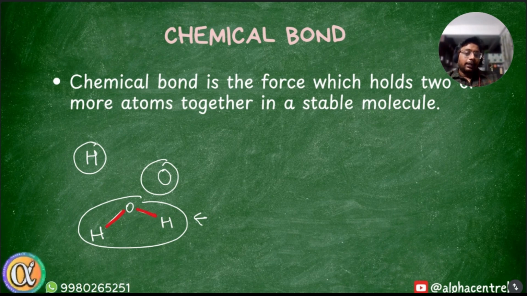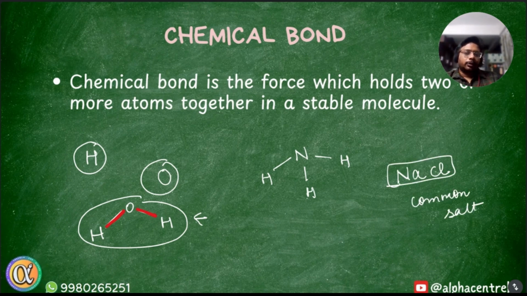Another example is the ammonia molecule, where one nitrogen is connected to three hydrogen, so we have three chemical bonds between them. We also have bonds between sodium and chlorine, and when they combine, they form common salt. A chemical bond is just a force holding these atoms together, and there are many such examples.